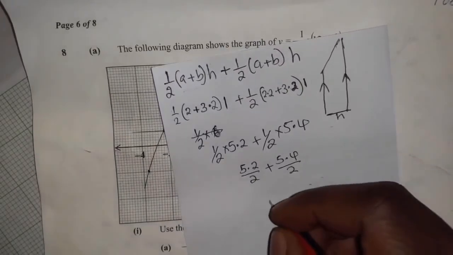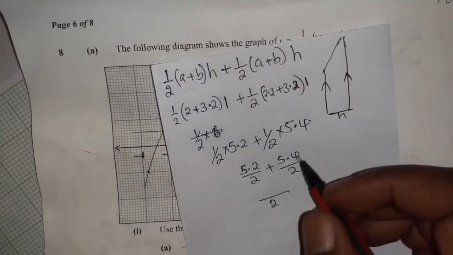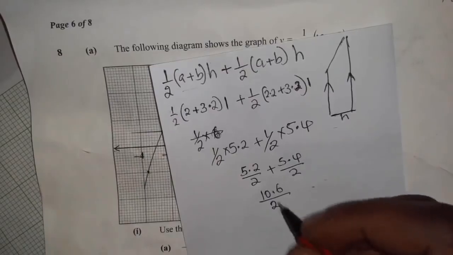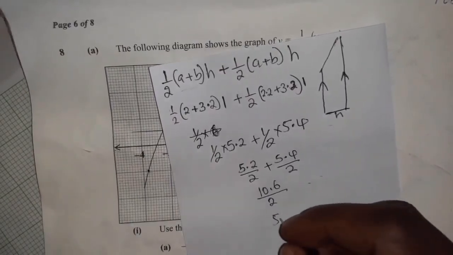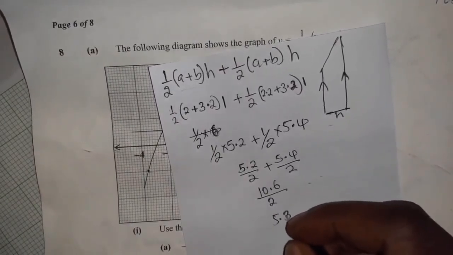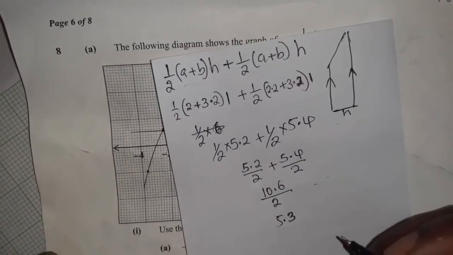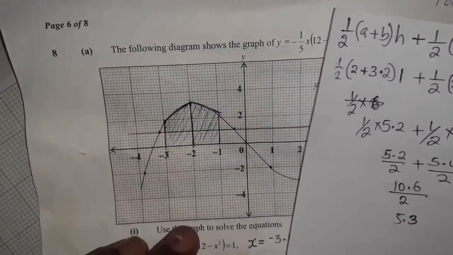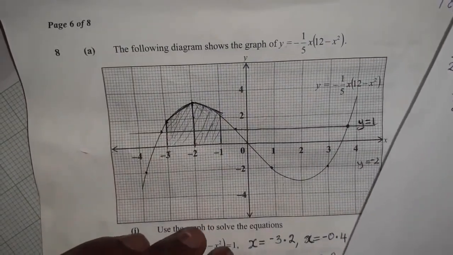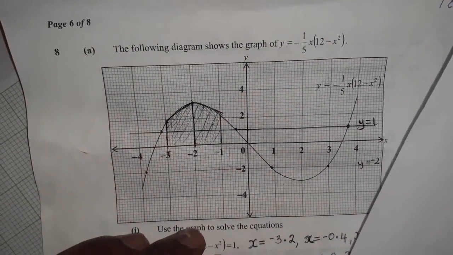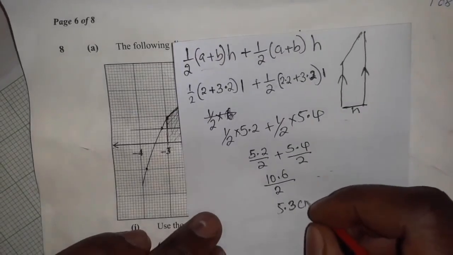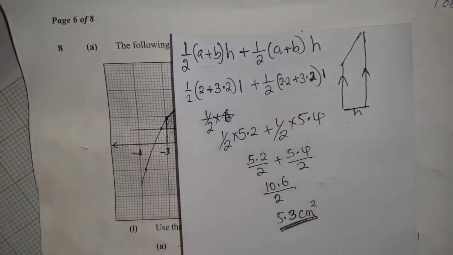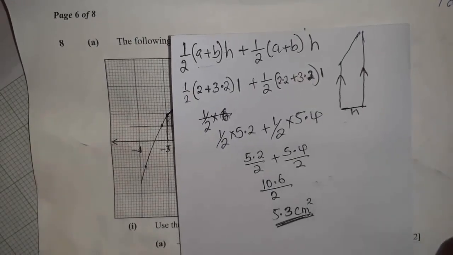When you add this and that, what do you get? This is going to be 10.6. So when we divide here, what do we get? 5.3 is our area. Let's say centimeters squared. Okay, so this is what we are getting here for area.